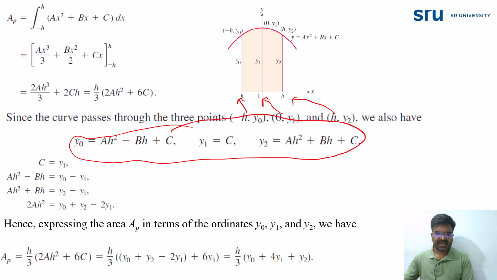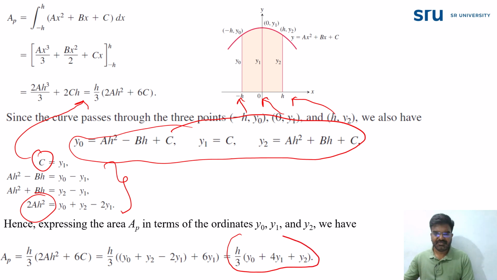After solving, I will get this. Finally, I will substitute this c and 2ah square in my integral values. See, this is the final integral value: h by 3 into (y0 plus 4 y1 plus y2). This is the integral value of one strip of two subintervals.